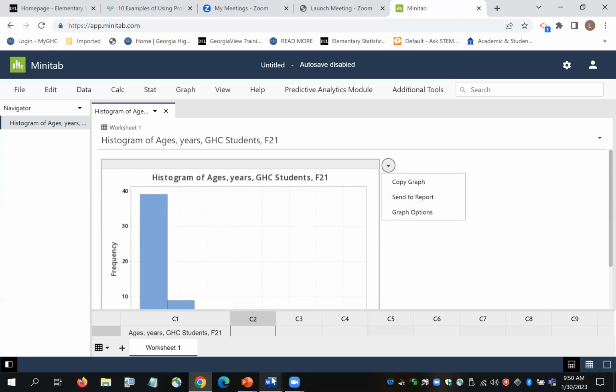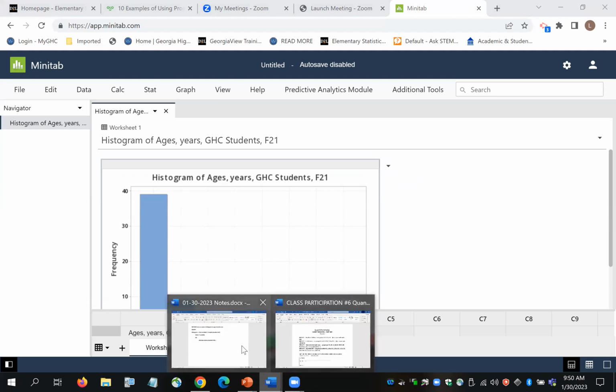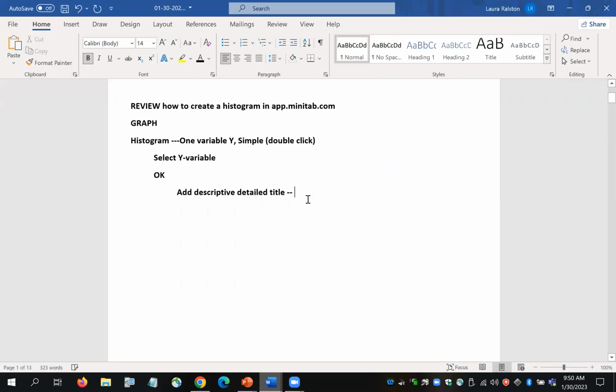I'm going back over to Word to put those clicks in there. So you're going to add a descriptive title. You select the graph by clicking in the area around the graph, and you'll see a black line around the graph.